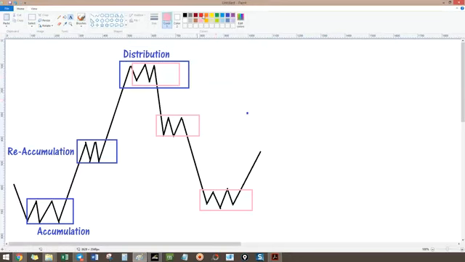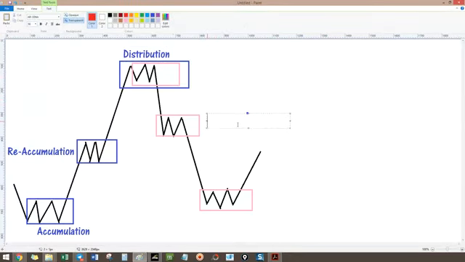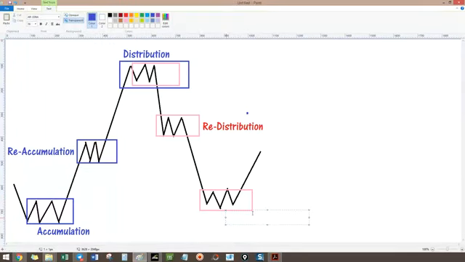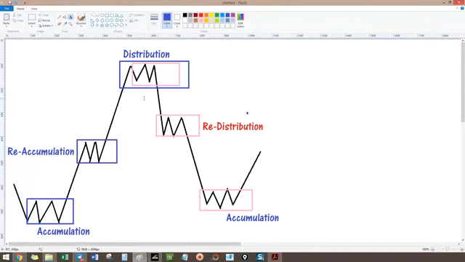Over here we will have redistribution. And over here we will have distribution again. No, accumulation here. Accumulation. I will mark in another color.